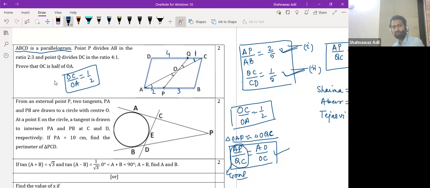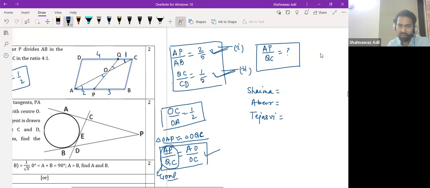So, what is the first line saying? CD is equal to BA. Yes, so Abir is saying AB equal to CD. Can we use that? If AB equal to CD, then what will happen?